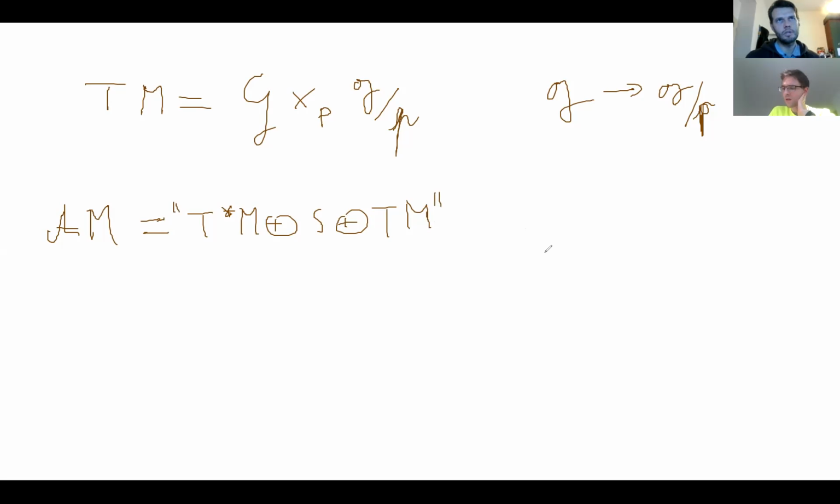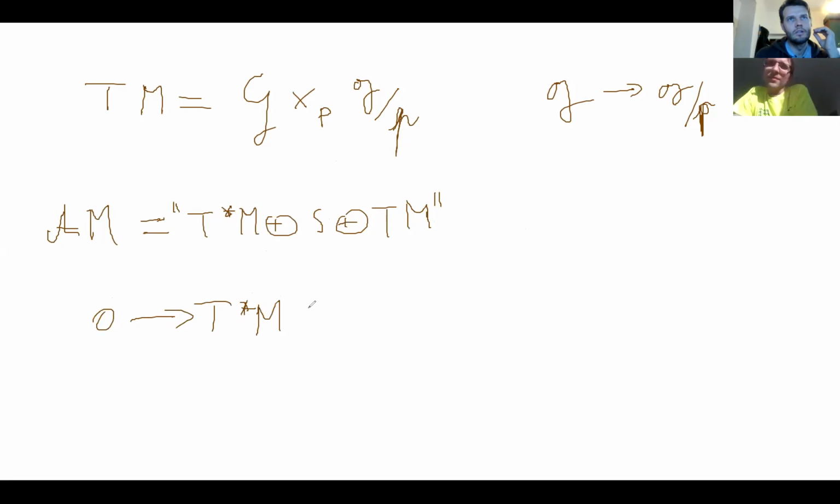This splitting might not be equivariant, but there is a short exact sequence of this form. So this is what I mean really. This adjoint tractor bundle sits in an exact sequence of this form.